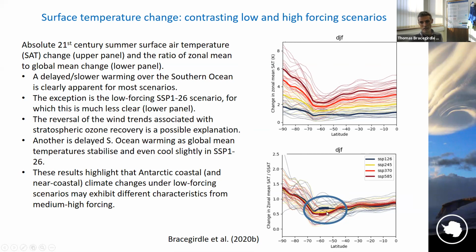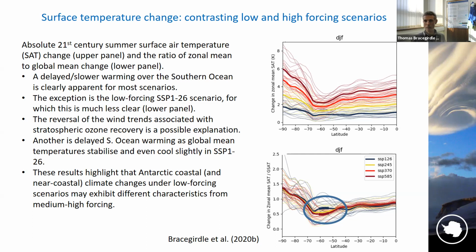And I mean, we haven't shown this conclusively, but it looks very much like that's associated with the dominance of the recovery of stratospheric ozone in the low emission scenarios in terms of the behavior of the surface climate changes.